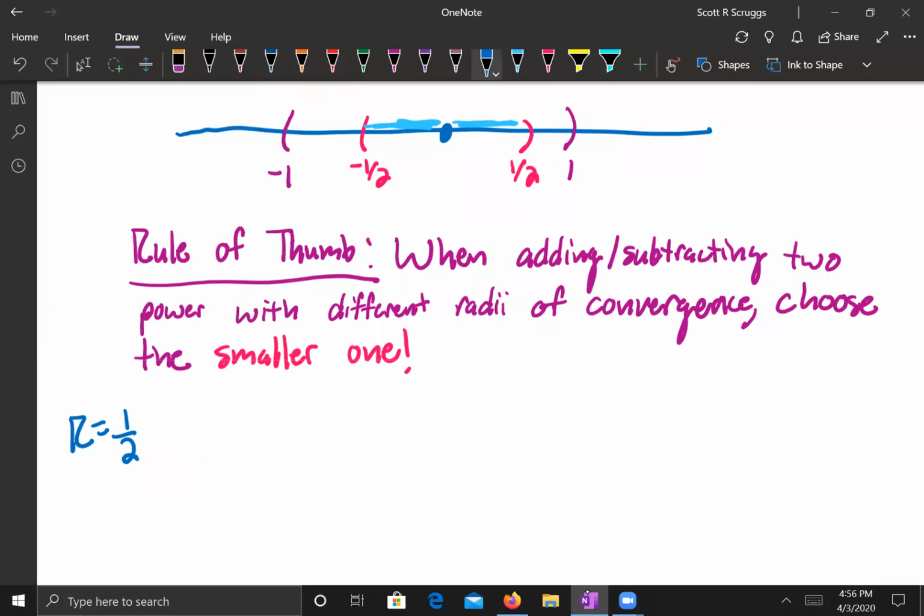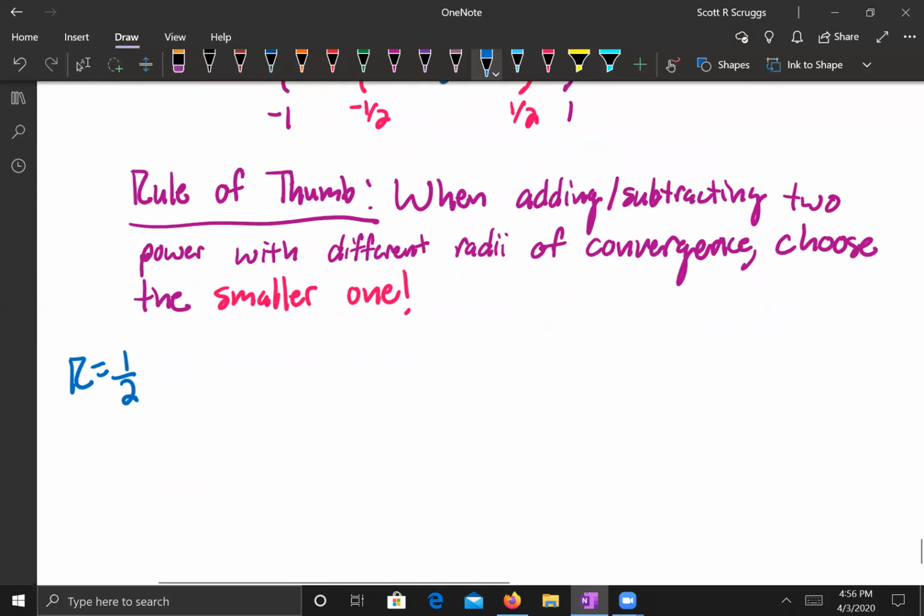Does that make sense to everyone why I chose 1/2? Because I think this is one where it's not explicitly mentioned in either my notes or anything else, so I want to make sure that we're on the same page with that. All right, good.